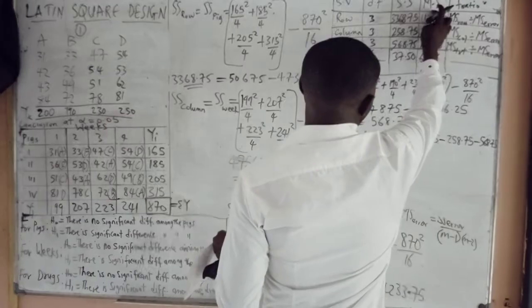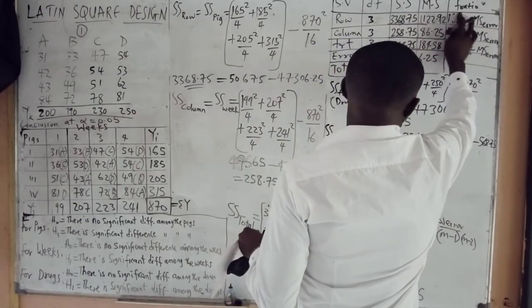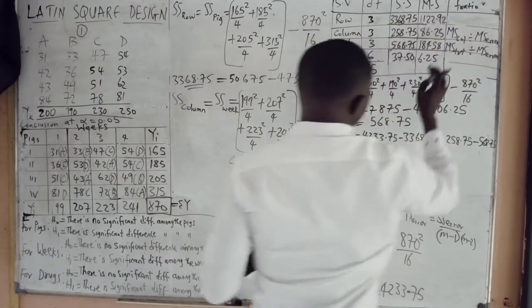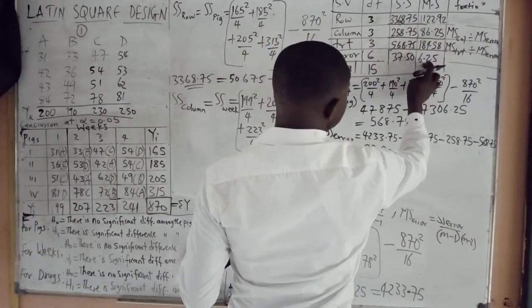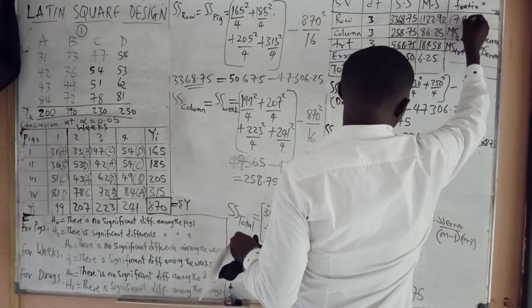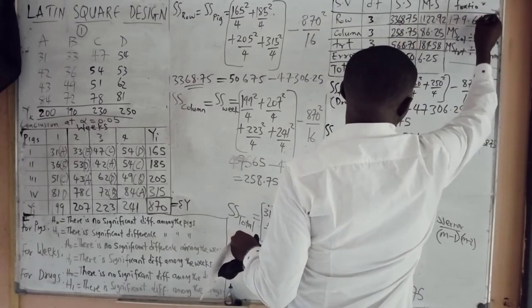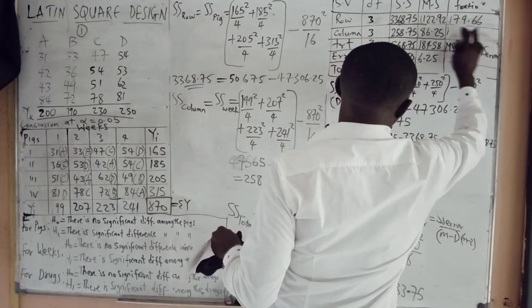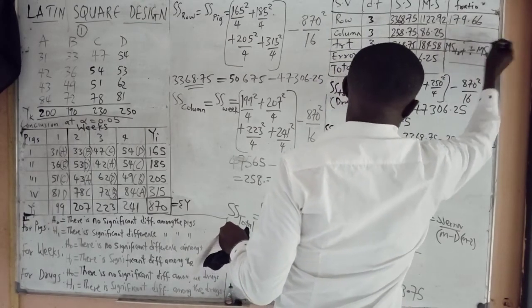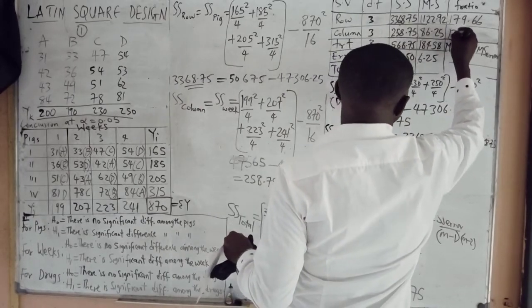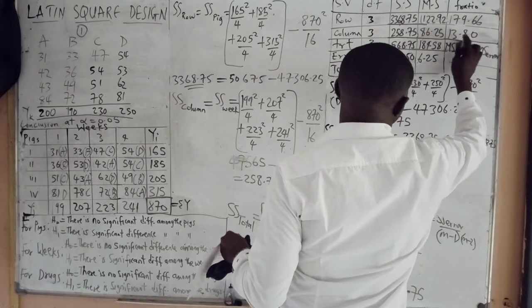means this divided by this, MS row divided by MS error. When you divide them, we will be having 179.66. Then when you divide MS column by MS error, you'll be having 13.80.